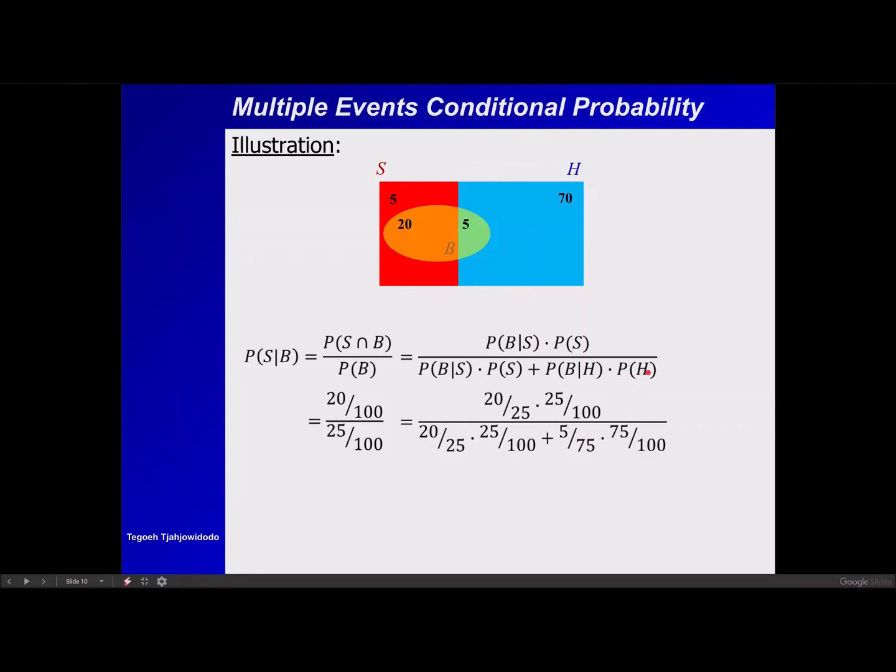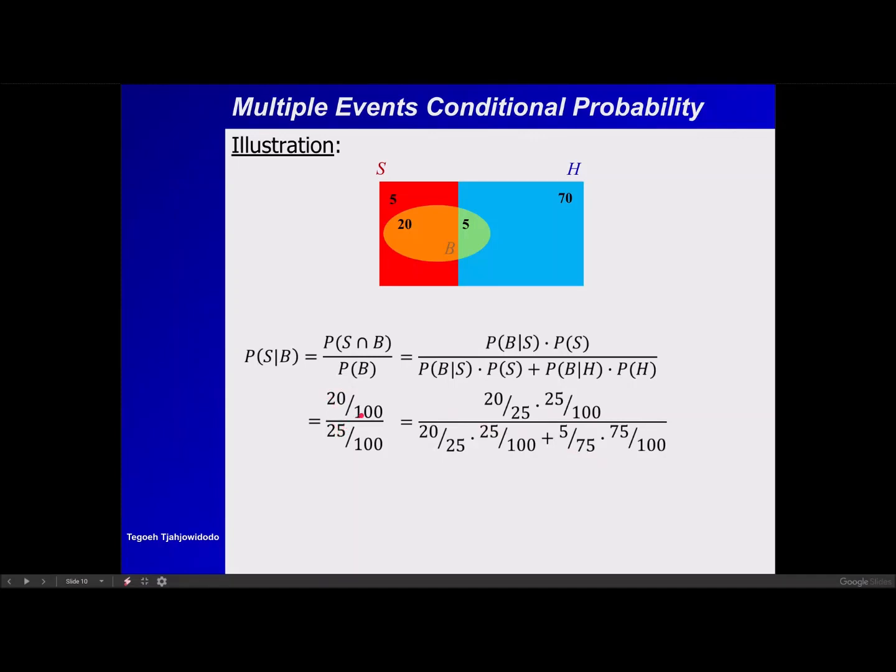And probability of H is just simply a probability of H among all of the events, which is 75 divided by 100. If you multiply all of this, you will end up with 20 over 25 or 80%.